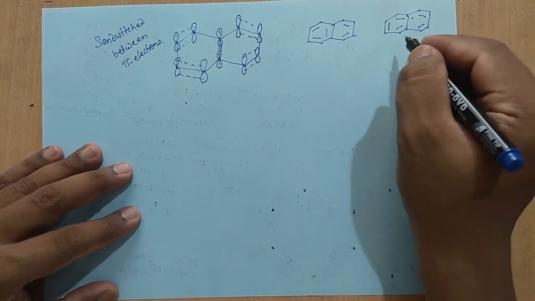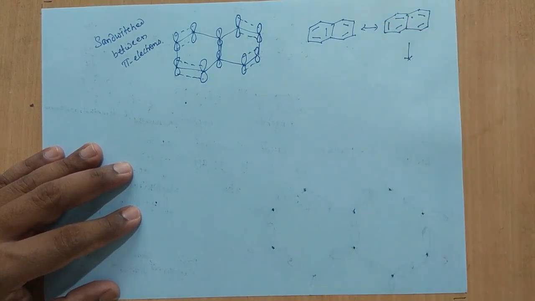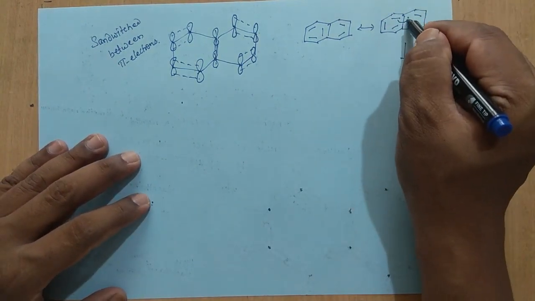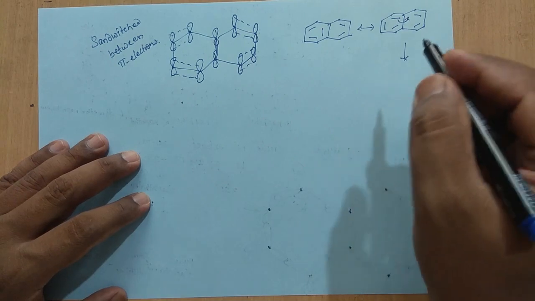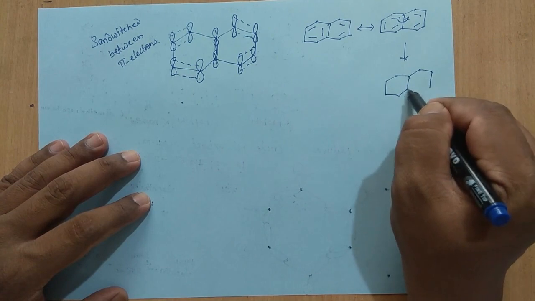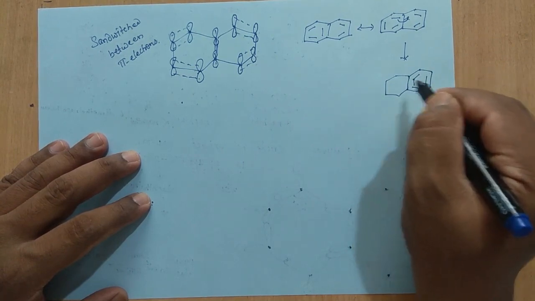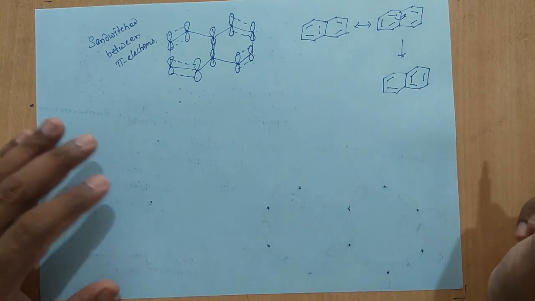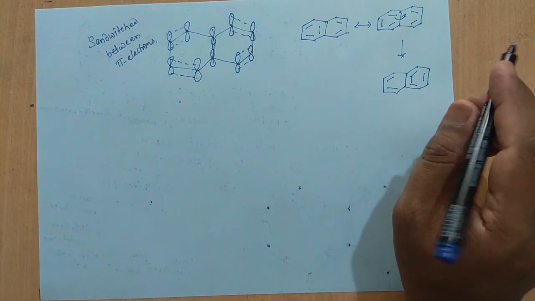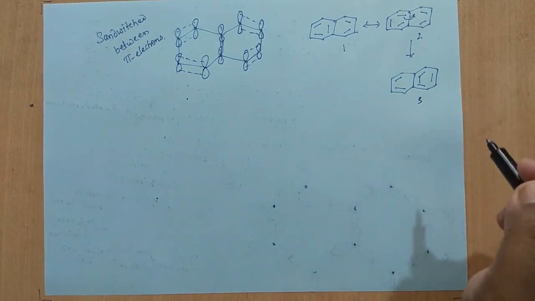Now the third resonance structure, this is the first, second and third resonance structure, will be where one of the pi bonds will transfer into the other ring, and you will get the third structure like this. Okay, so there are three resonance structures of naphthalene possible: 1, 2 and 3.